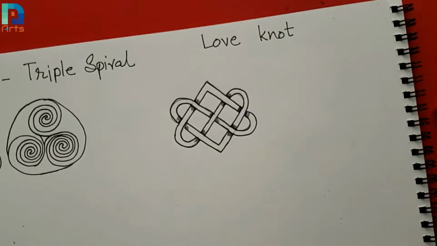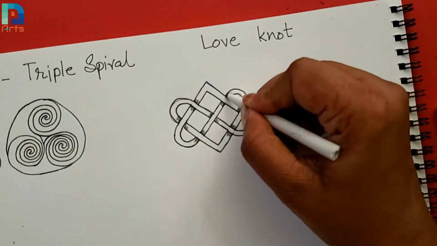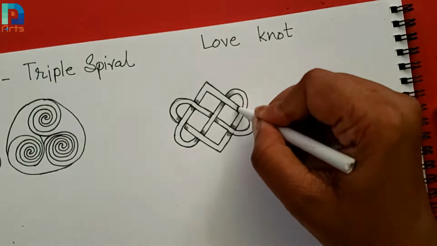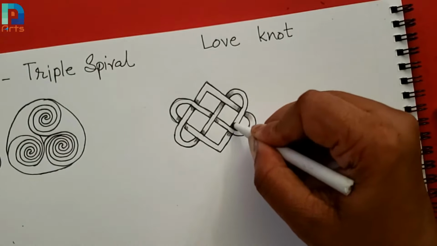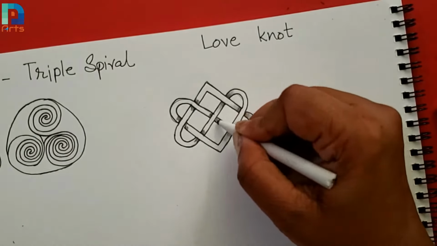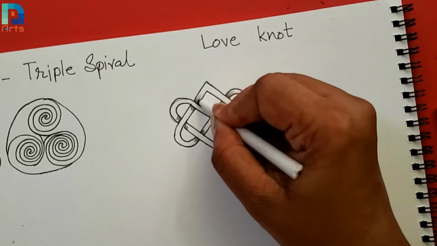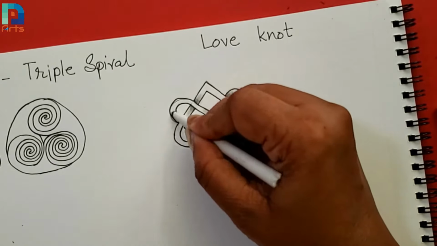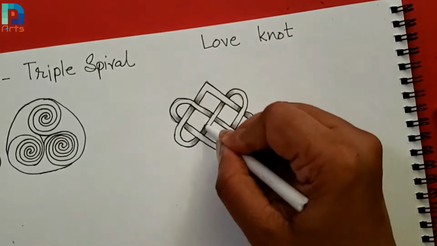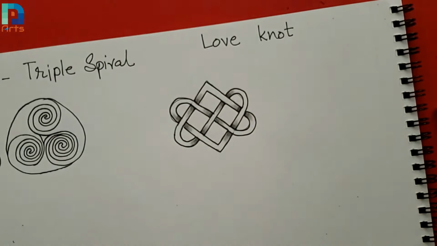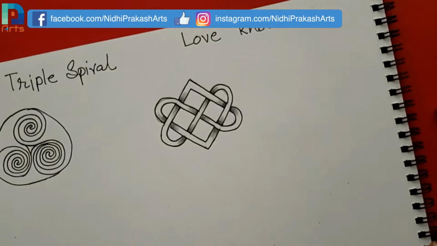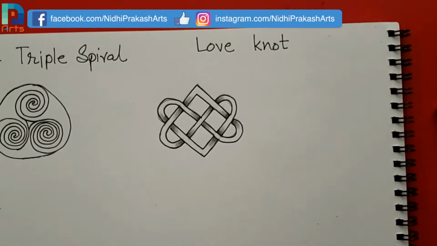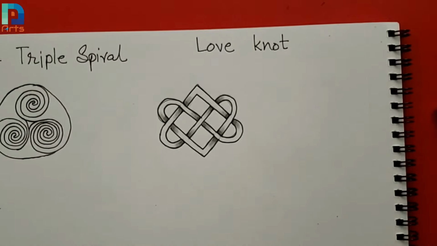And then you just blend it. And erase all the extra pencil lines. This is the love knot. Yes, this is magic. Once you set up this over and under and you understand the concept, it really looks very magical.